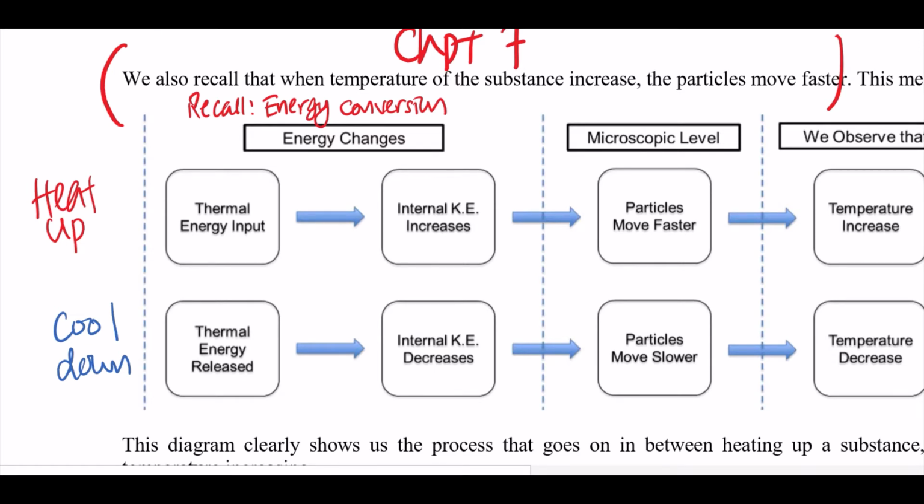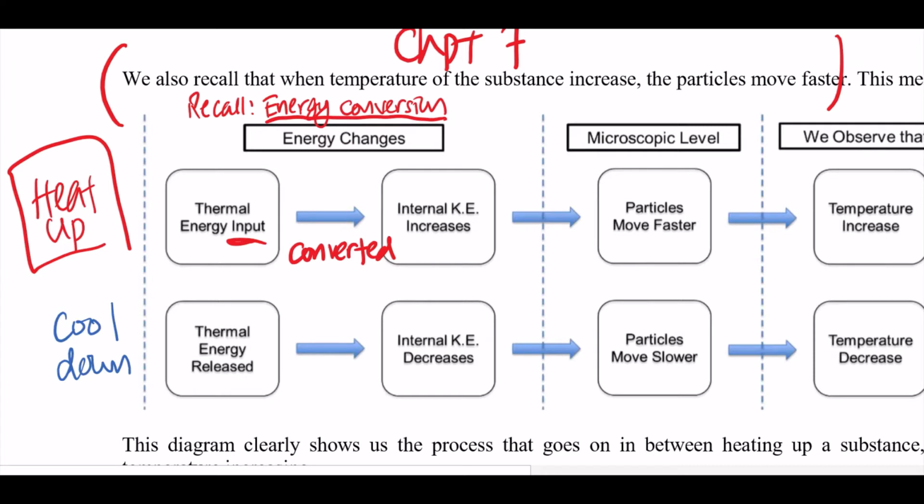Okay, so when we heat up a substance, we have an input of thermal energy. The substance gains thermal energy, and it's being converted into internal kinetic energy. So recall this is the conservation of energy, the law of conservation of energy.